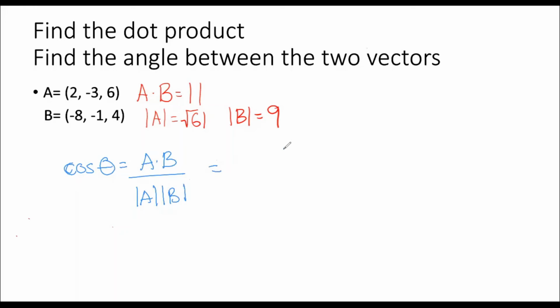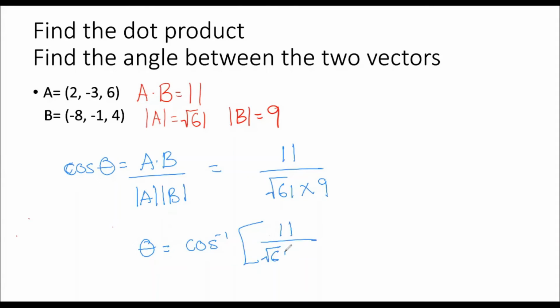So we have 11 over root 61 times 9. So we can say that theta equals the inverse cosine of 11 over root 61 times 9.